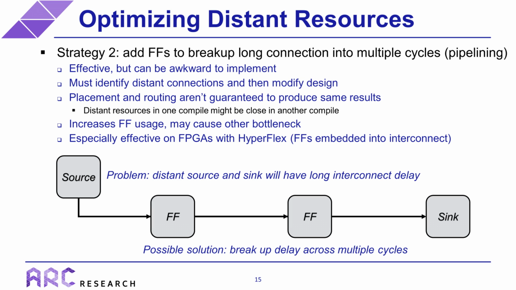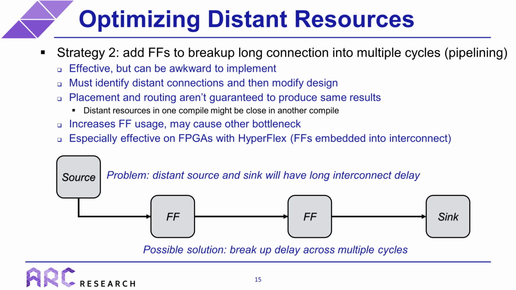Pipelining wires like this can be a very effective technique, but it can also be awkward to implement. First, you generally need to use the timing analyzer to identify distant connections that would benefit from pipelining in the first place. You then have to go and modify your code to add some flip-flops for the corresponding wire. The problem with this is that placement and routing aren't guaranteed to produce the same results on every run.